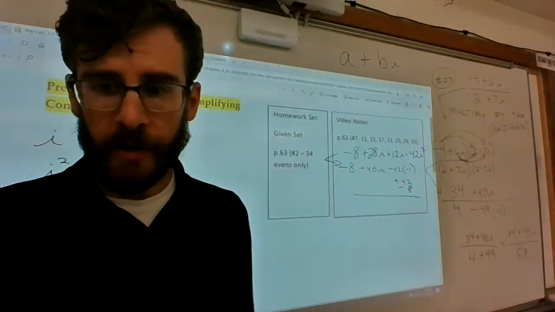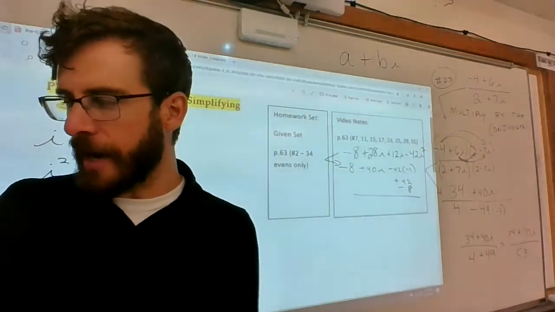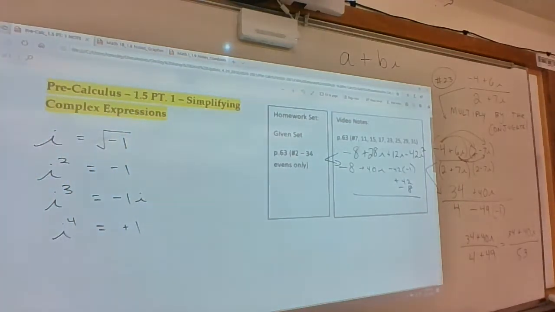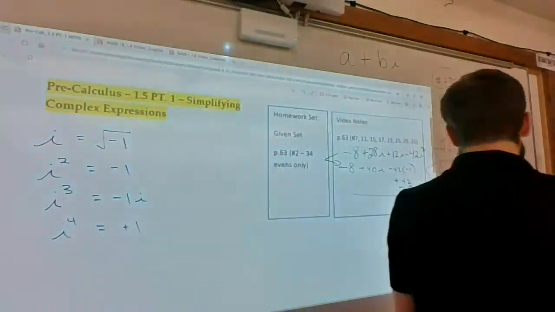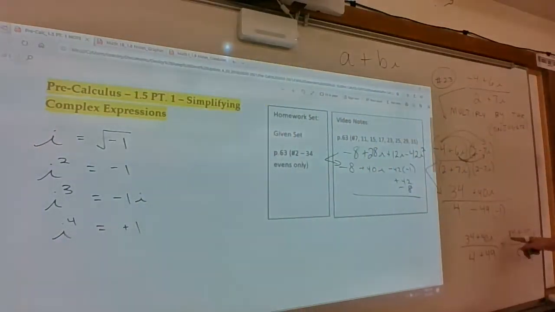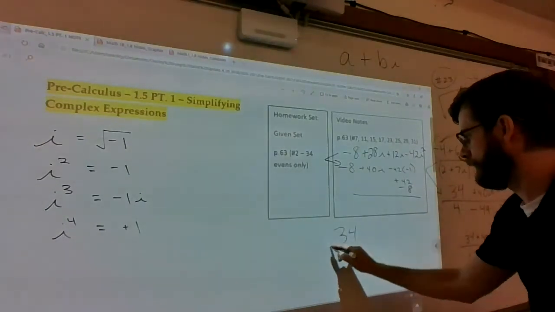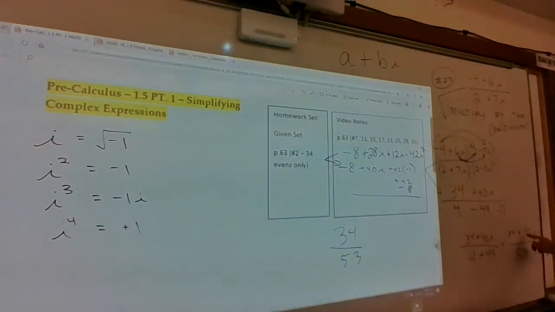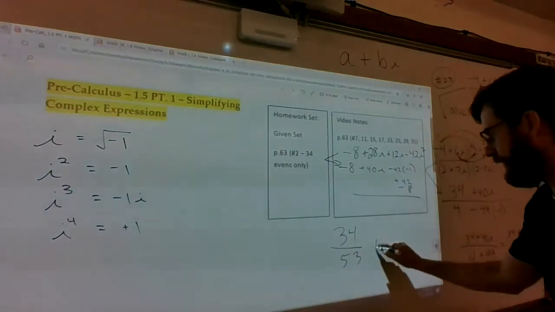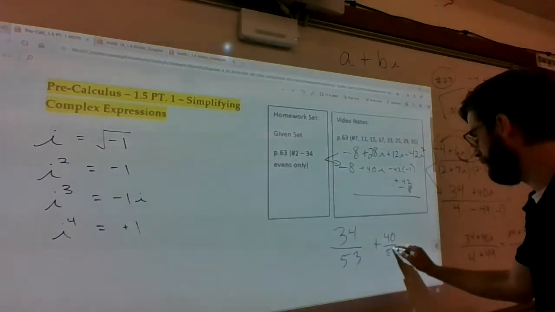And there we go. We're pretty much there. It says to write it in terms of a plus bi. So technically I would have to split this up and call it 34 over 53 plus 40 over 53i.